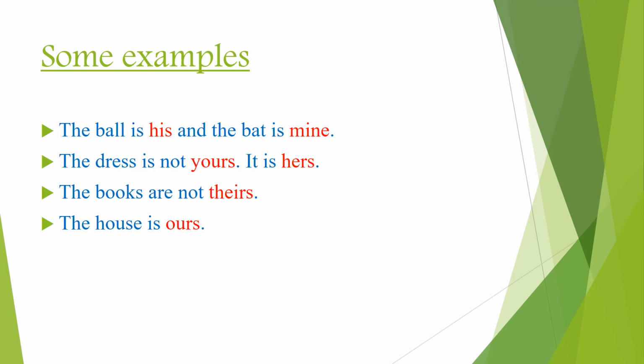The house is ours. So we all are staying in the house and this house belongs to us. So the first person possessive pronoun plural form is ours. The house is ours. It belongs to us.